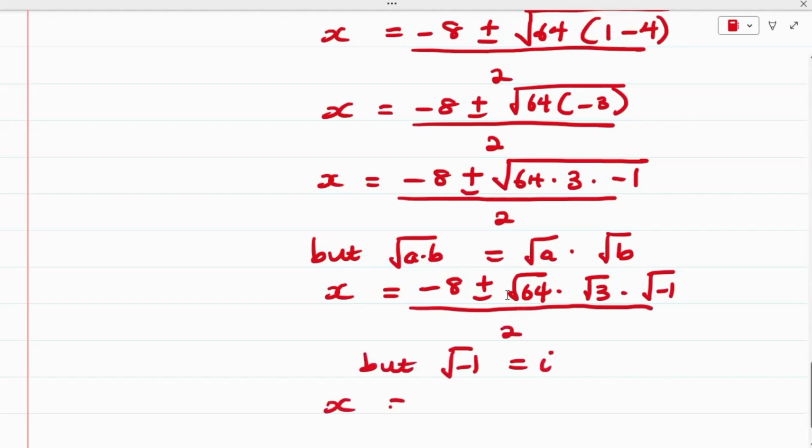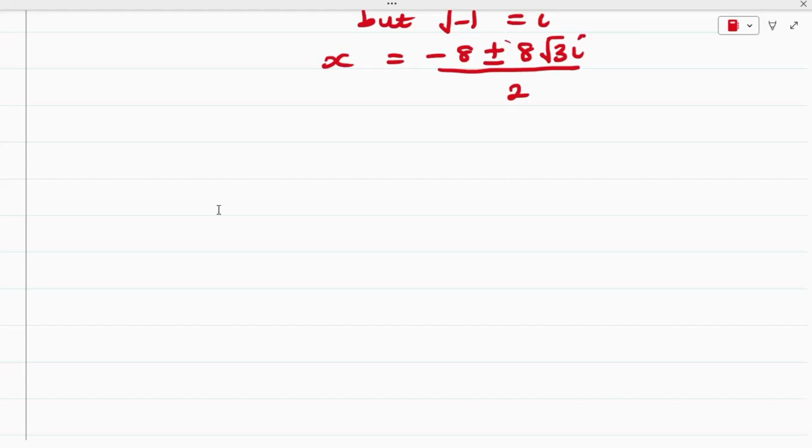i. So x is equal to minus 8 plus or minus the square root of 64 is 8, multiplied by the root of 3, and the root of negative 1 is i, divided by 2. So we have that x is equal to, if you factor out 2, we have this to be 2 into minus 4 plus or minus 4 the root of 3i, divided by 2.